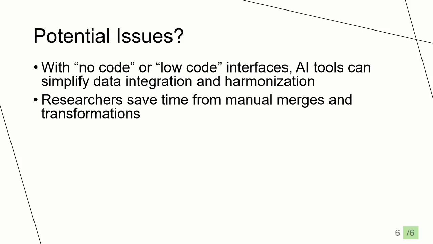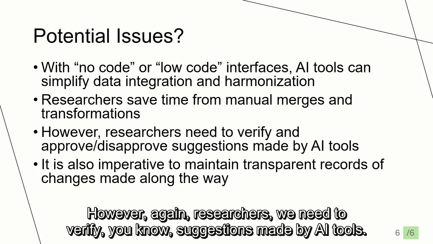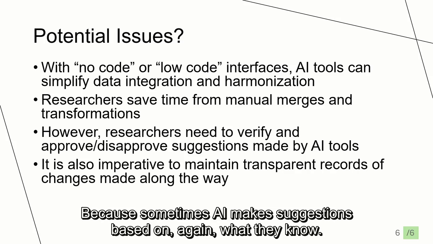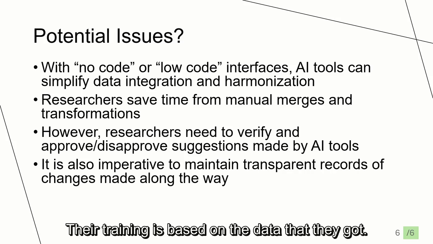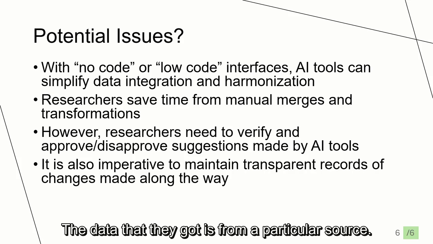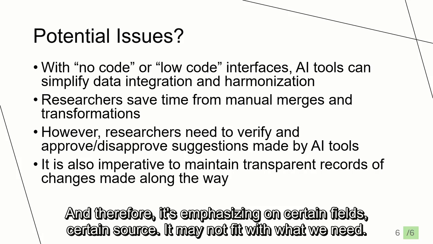However, again, as researchers we need to verify the suggestions made by AI tools, because sometimes AI makes suggestions based on what it knows, and what it knows is based on its training. Its training is based on the data it got, which is from a particular source, and therefore emphasizes certain fields and sources.